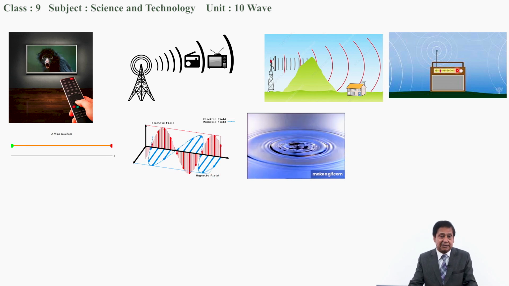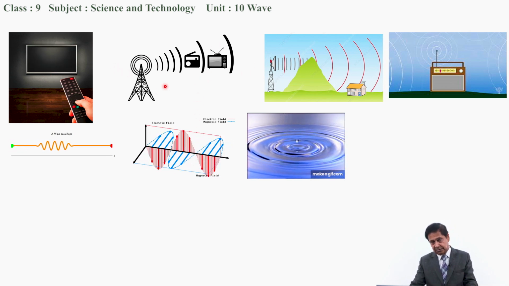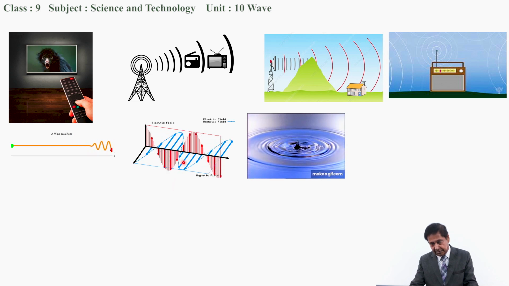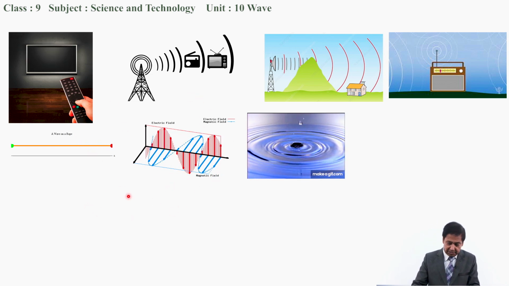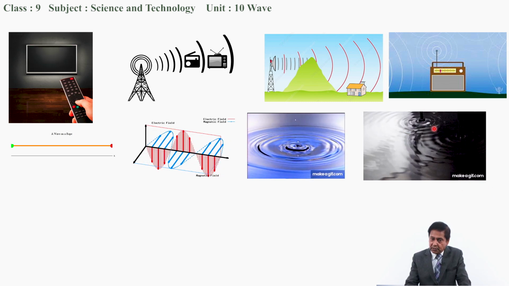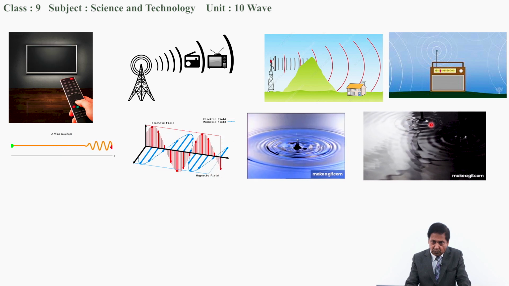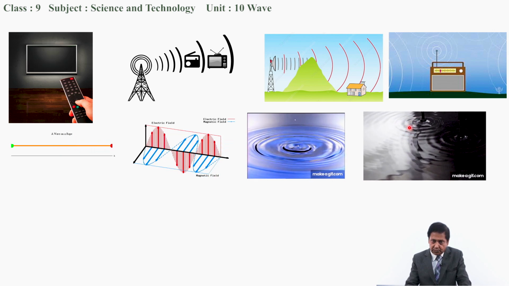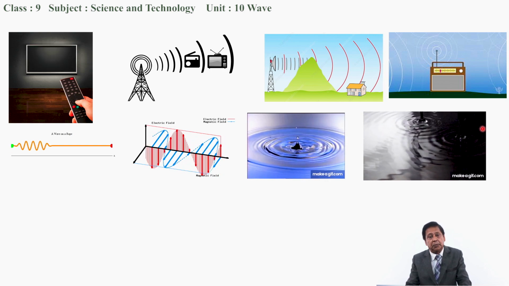But in other cases, wave doesn't require any material medium for transmission. In this and this case, wave is not transmitted by any material medium. This is the same: water is periodically disturbed by a certain object which produces a ripple of water, and this ripple is carrying energy from this place to the edge of the pond.